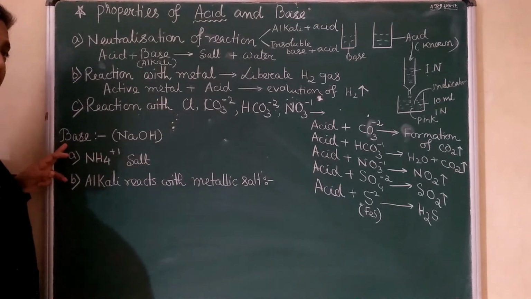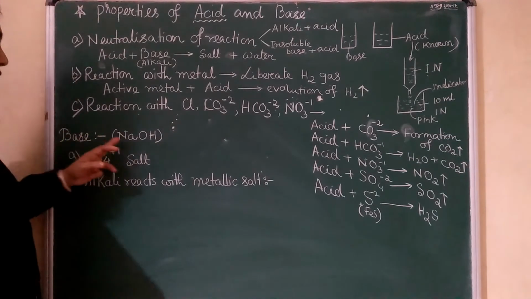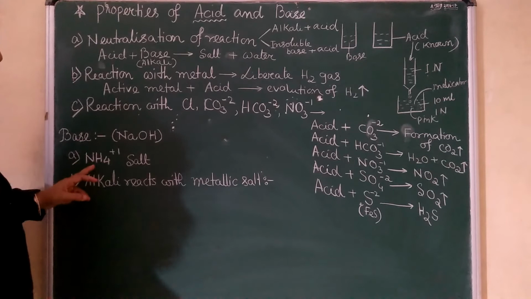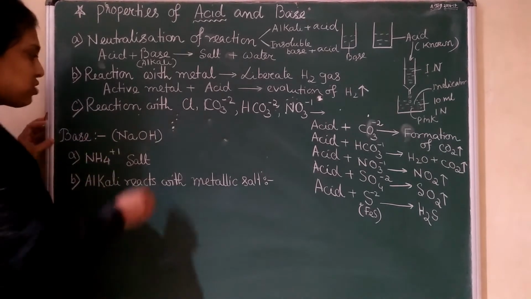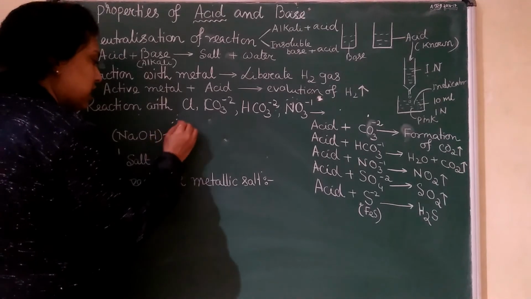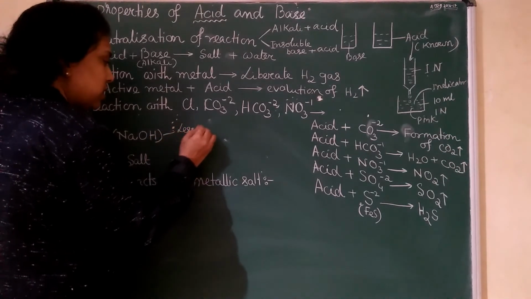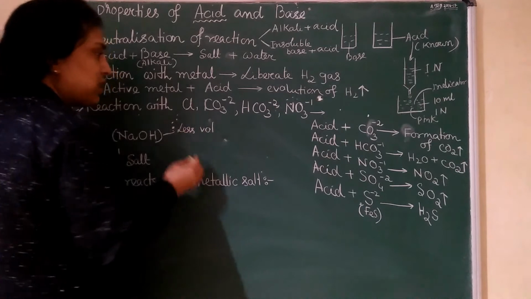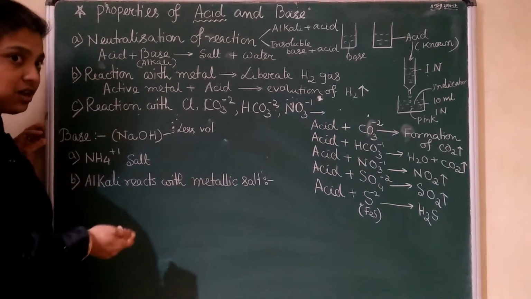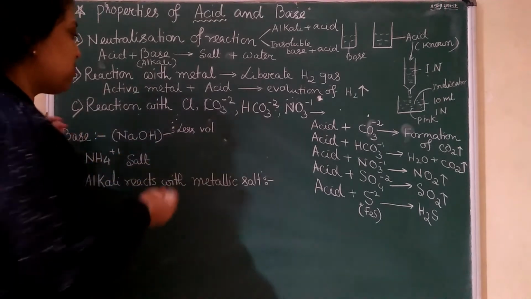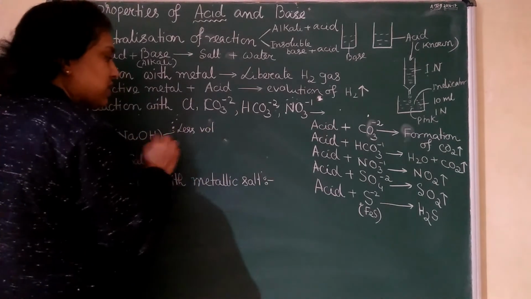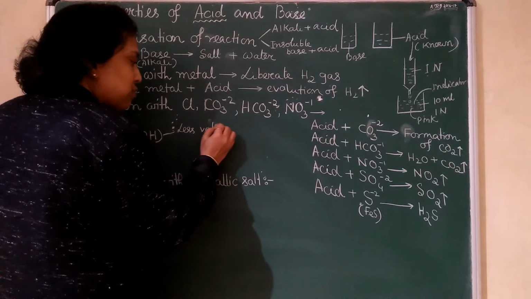Next one is with base. When it is an ammonium salt, this is less volatile. Volatile means which will evaporate very fast. Although it is an alkali, it is less volatile.